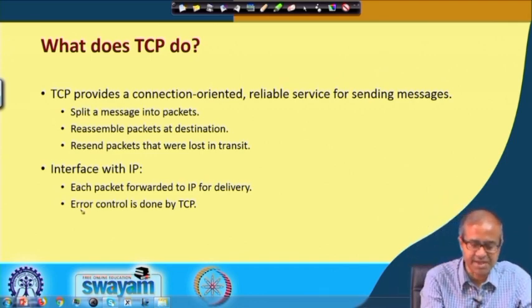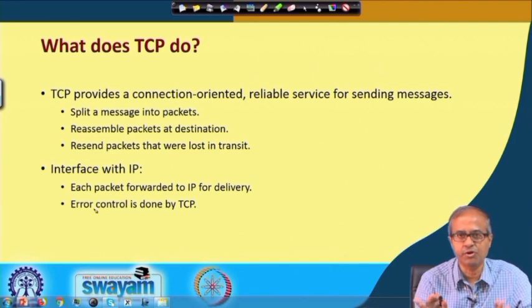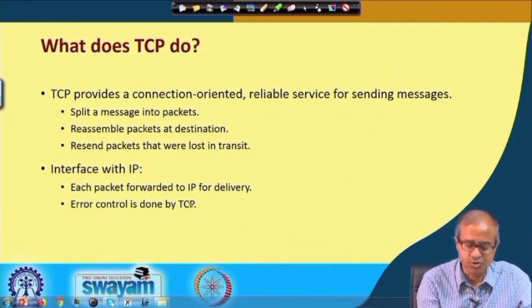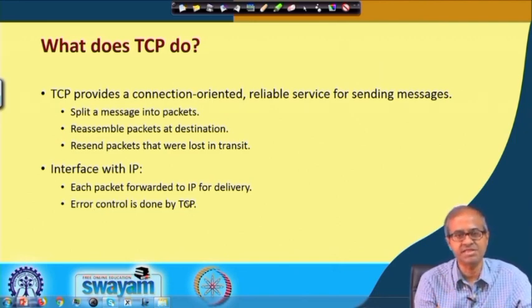If there are errors, IP will not handle them, they will be handled by TCP. TCP will check whether all the packets are arriving correctly, and if some packets are missing, it will request the sender to send them again.